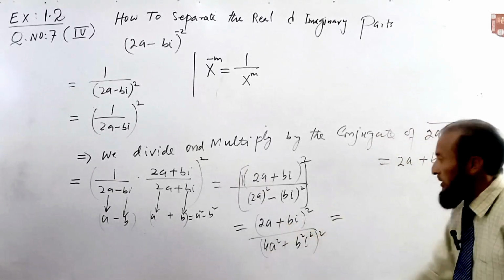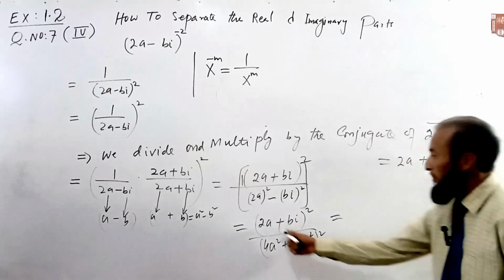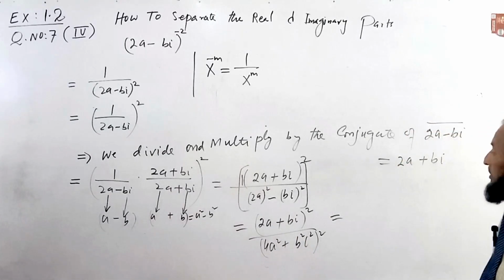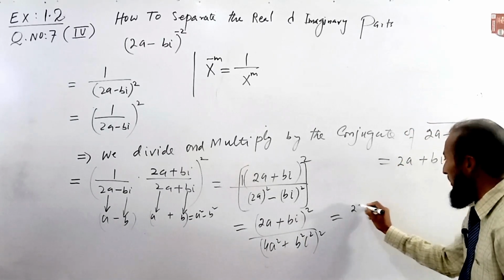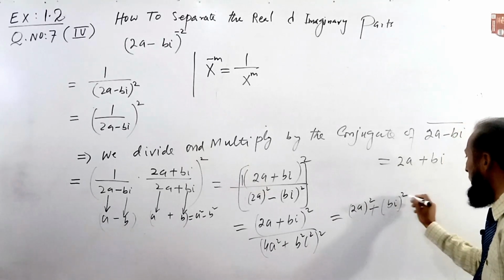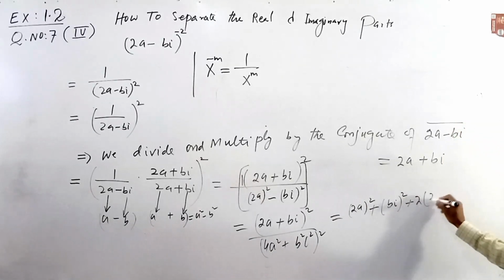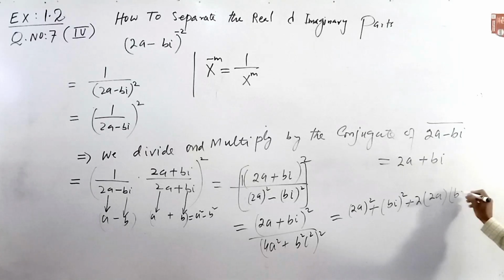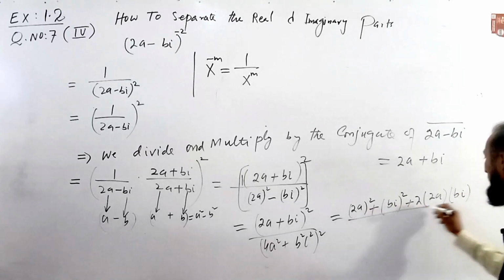Now expand the numerator by the formula (a plus b) whole square.